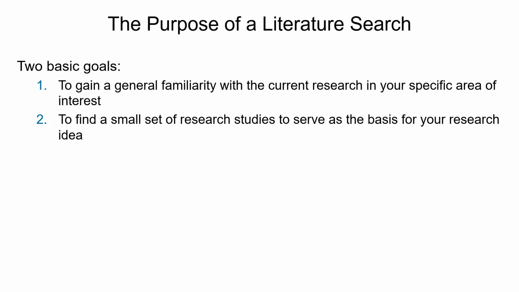So to review, what are the two basic goals or purposes of a literature search? The first is to gain a general familiarity with the current research in your specific area of interest. And again, I've said this a few times, it's very important that you understand the current research that's out there on your topic of interest.